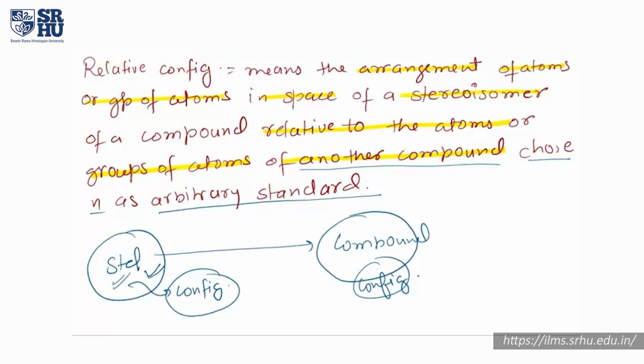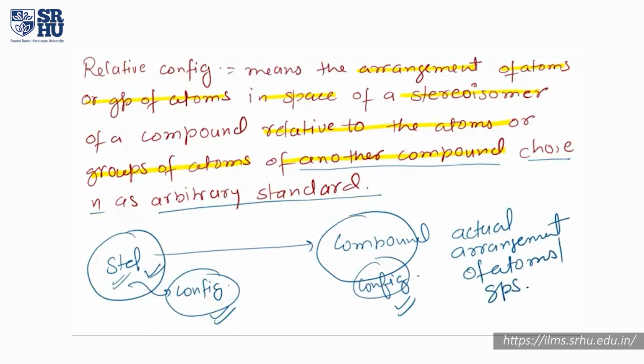So this is how relative configuration works. Whatever our compound is, we will see whether it is related to the standard or not. If it is related to the standard, its configuration is assigned to the compound. So the configuration of this compound is just assigned on the basis of a standard. It does not represent the actual arrangement of atoms or groups within our molecule.